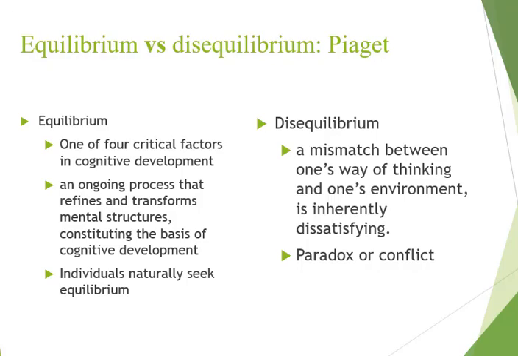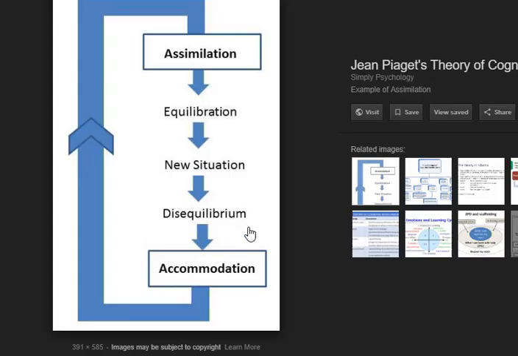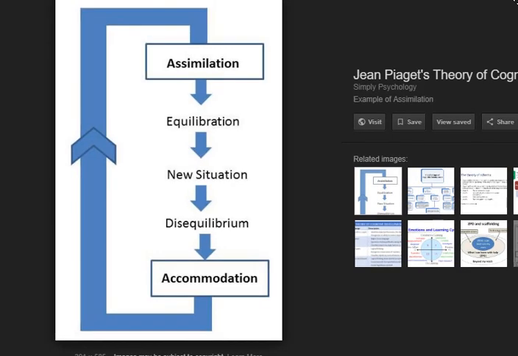But ideally, the healthiest way to deal with these things when you're talking about accommodation is you have assimilation, which means you assimilated information, you get information that causes your equilibrium, where now everything is fine. Then the new situation comes up, which causes a disequilibrium, which is kind of a conflict, and then you accommodate.